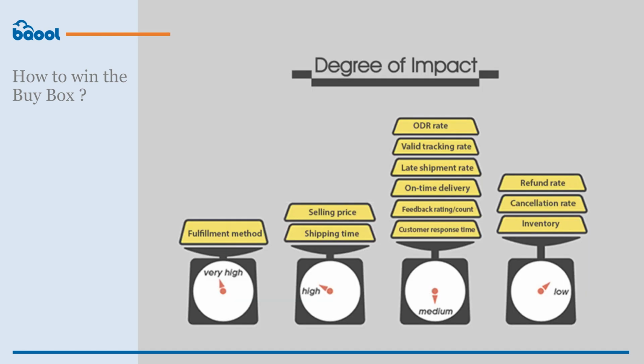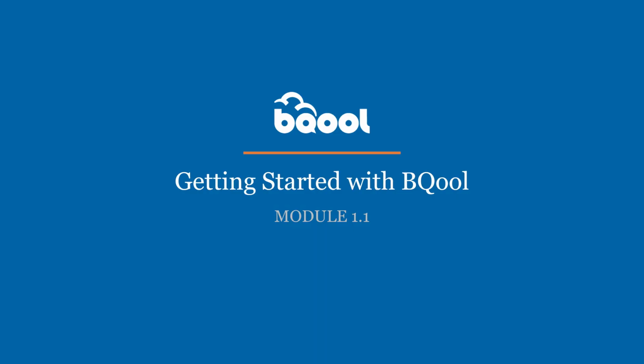We know what is prioritized higher based on all the data we've collected from our 10 years of repricing. So we know that the fulfillment method is absolutely crucial, whether you're FBA or FBM or Seller Fulfillment Prime, also the selling price and also the shipping time. So by using our repricing software, we have some strategies that we could provide you based on all the data we've collected. Now let's go into the training here.